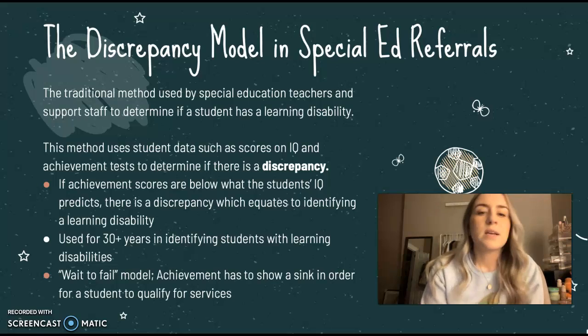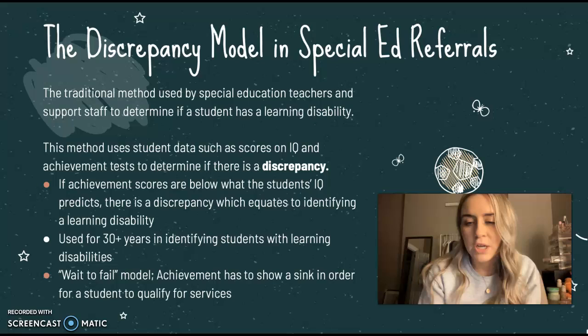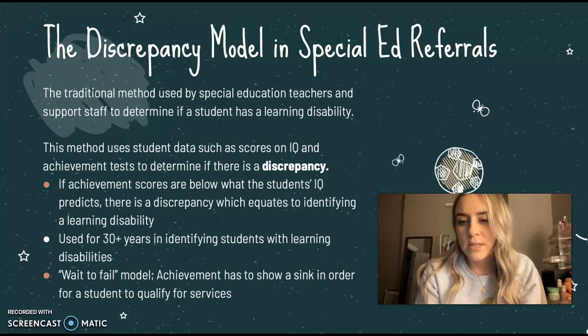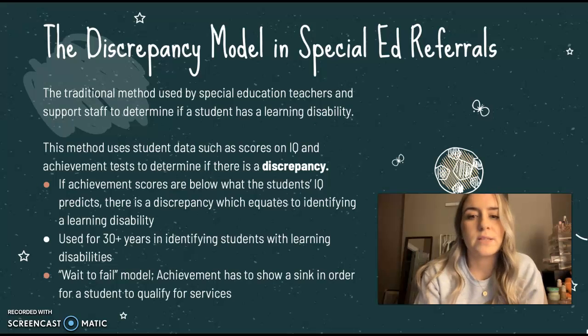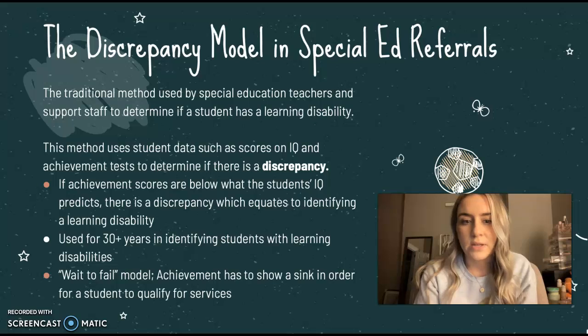This is a method used by staff, special education teachers, support staff, and school psychologists to determine if a student has a learning disability. Within this model, staff use data such as intelligence scores and achievement tests to determine if there is a discrepancy, meaning an inequality or an unexplained answer.